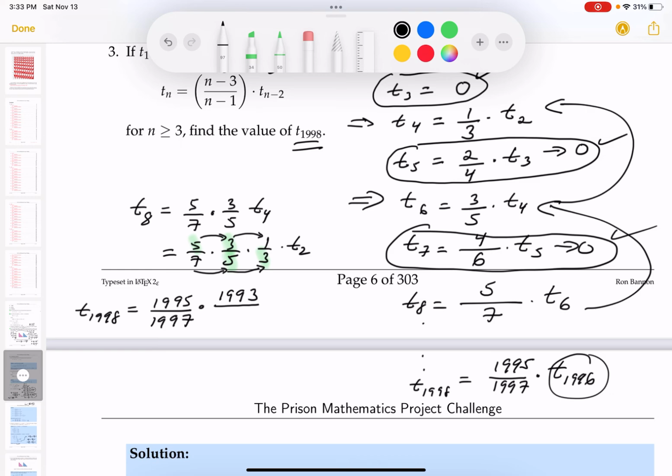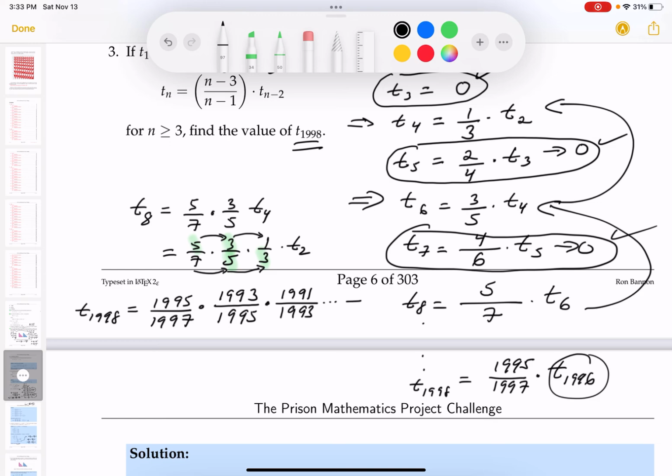3. And if I go down by 2 from 1997, you get 1995 times, I don't know if I want to keep going, but I guess I can. This would be 1991 over 1993. I'm just going to put dot, dot, dot. I know the pattern.